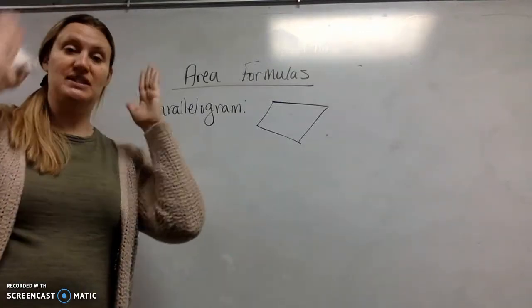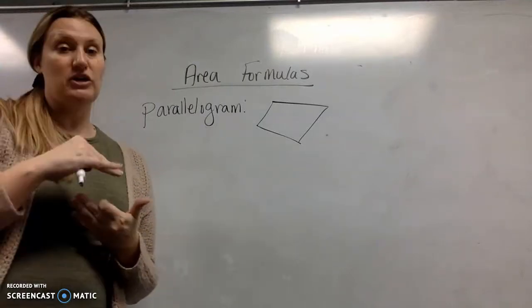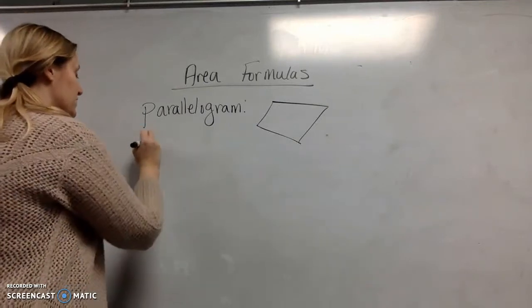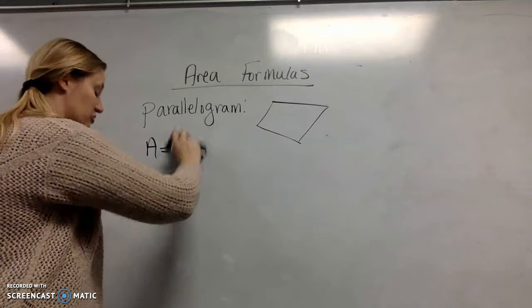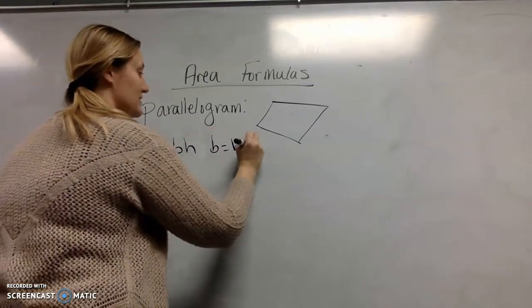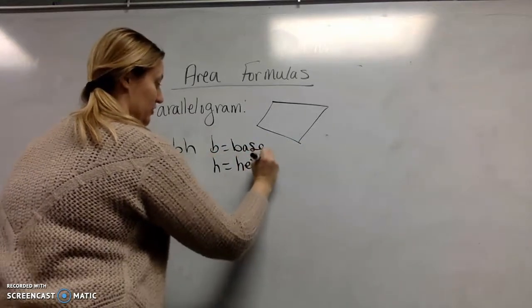It also has opposite sides that are parallel. It's just that it has all 90-degree angles. A parallelogram does not, and that becomes important here. So the area of a parallelogram is BH, B times H, where B stands for the base and H stands for the height of the parallelogram.